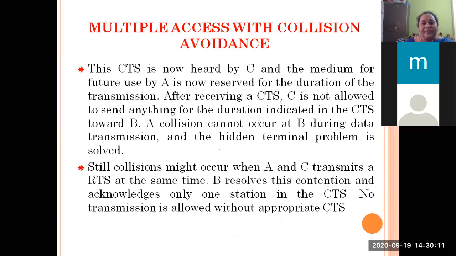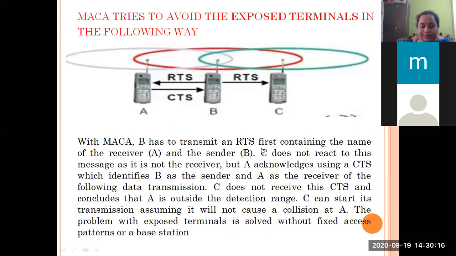And coming to exposed terminals. Again, we have some range, and there is some exposure of B with C. If C wants to send information to some other terminal, not A or B, but by sensing a carrier which is very near B, it is going to wait unnecessarily. That is because of the exposed terminals.